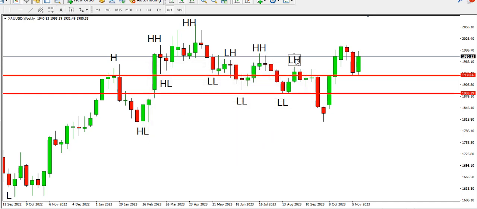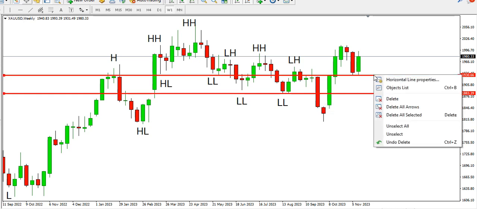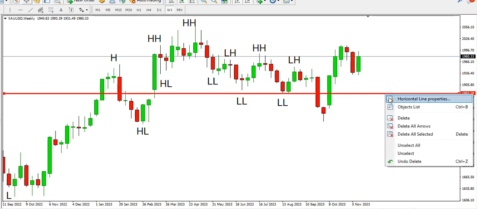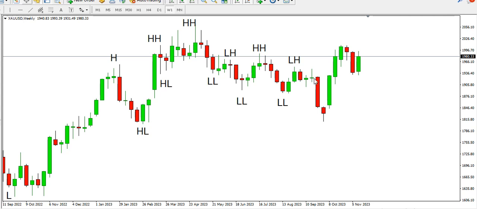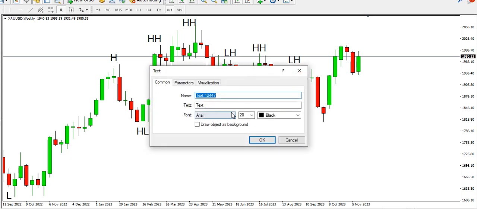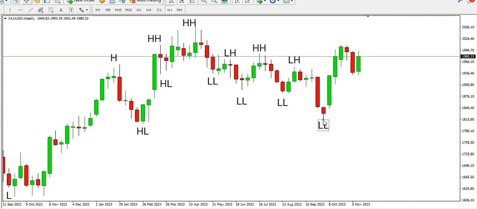All right, now do we have two successive bearish? Yes, we have two successive bearish along this line. Let me delete these horizontal lines. We have two successive bearish candles along this line, so the low point around here will be our lower low. All right, now do we have two successive bullish candles?